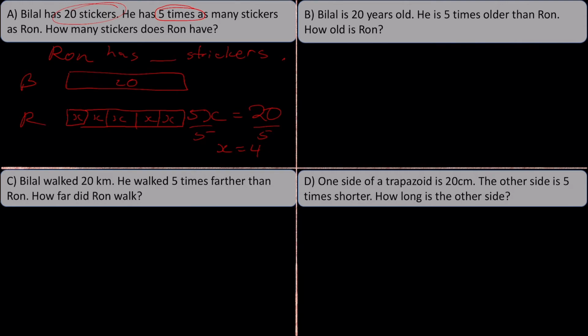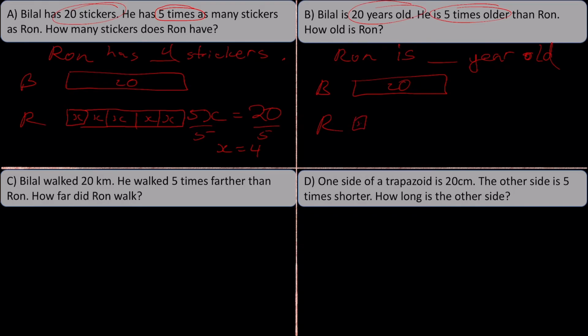All right, over here, Bilal is 20 years old. We know we're going to need that. He is 5 times older than Ron. Okay, and how old is Ron? Ron is blank years old. Okay, we should already be starting to notice a pattern here of something that's similar. Okay, so Bilal is 20. He is 5 times older than Ron.